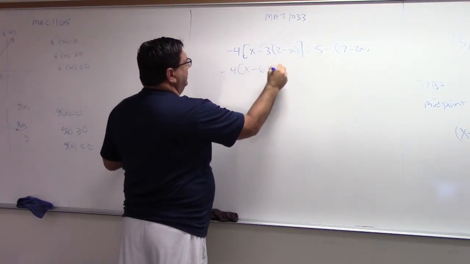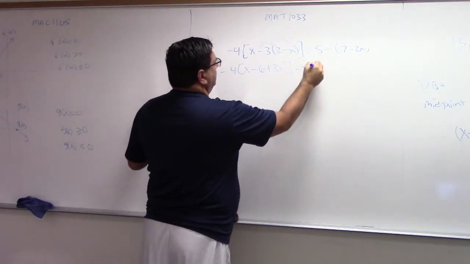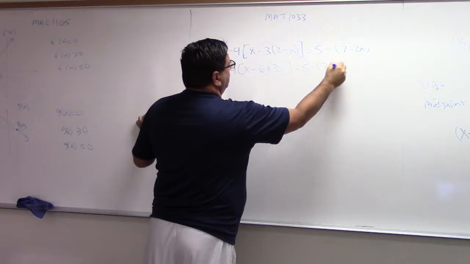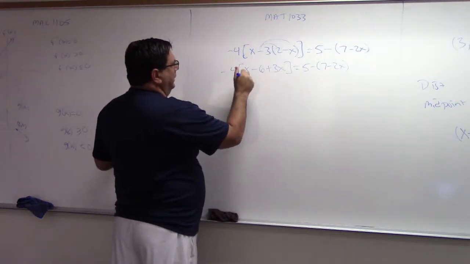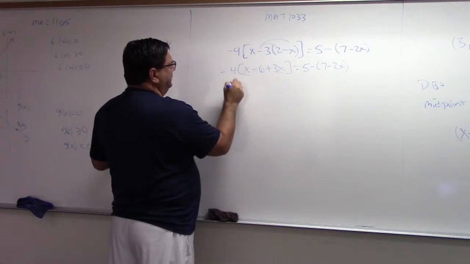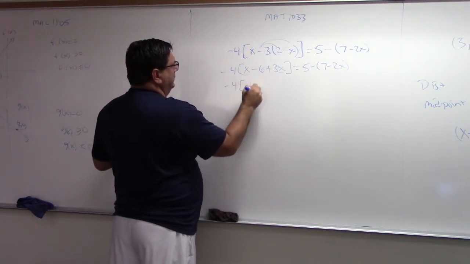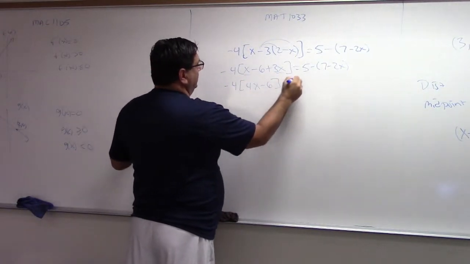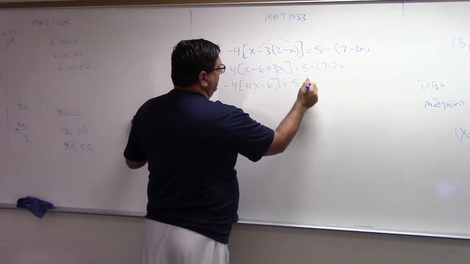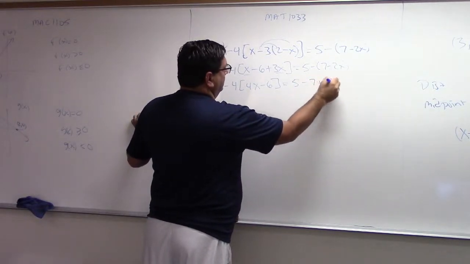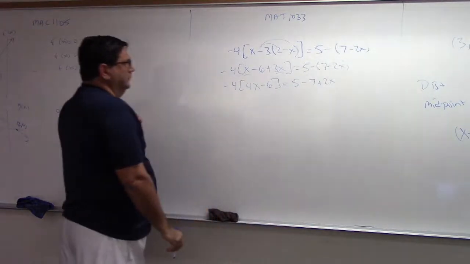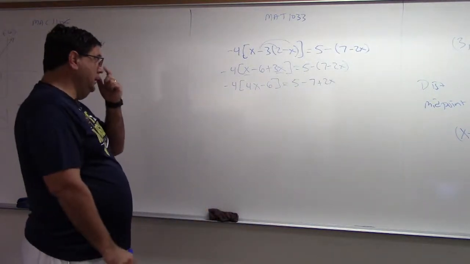Minus 6 plus 3x. X and 3x is 4x. All right.